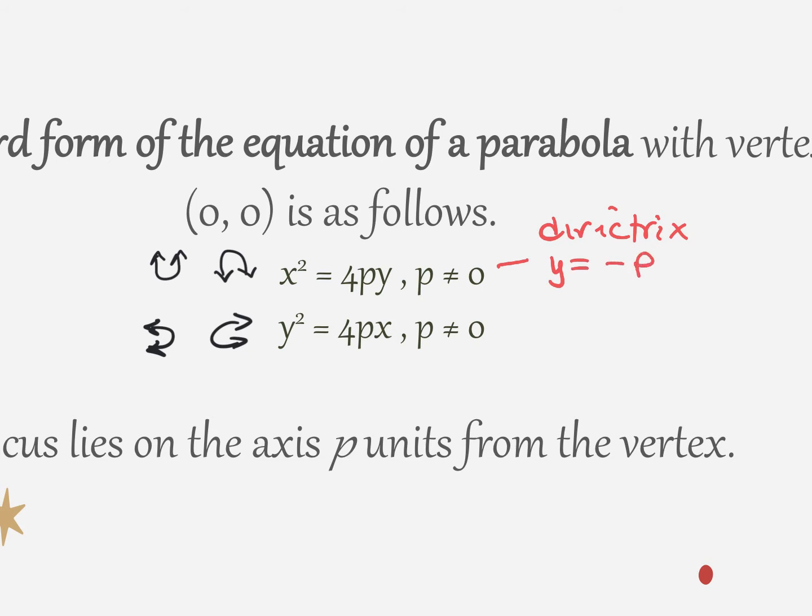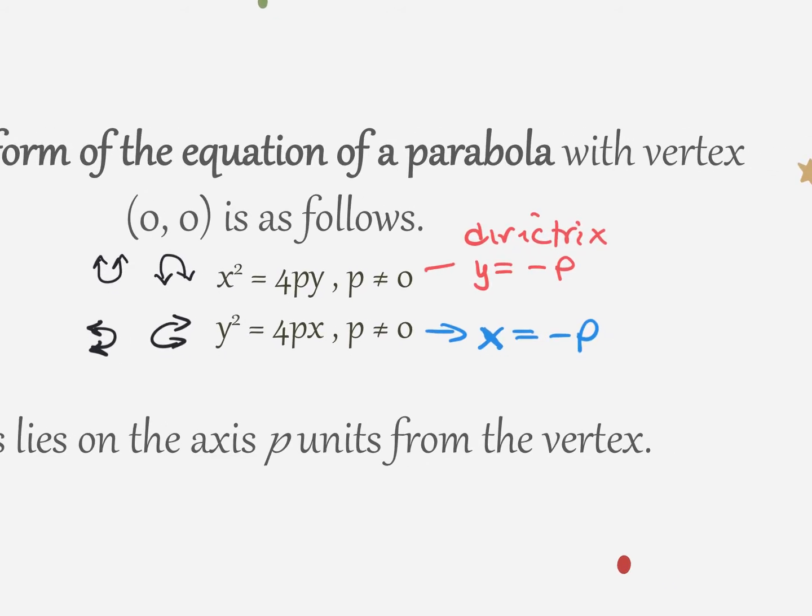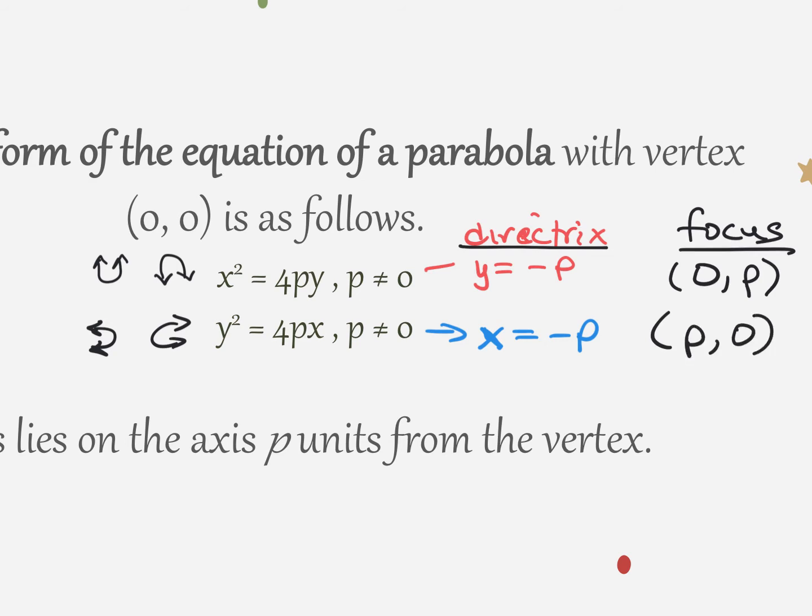And when it's the y squared, it's going to be x equals the opposite of p. And then for the focus point, the ordered pair will be 0, p. But when it's y squared, it's going to be p, 0.